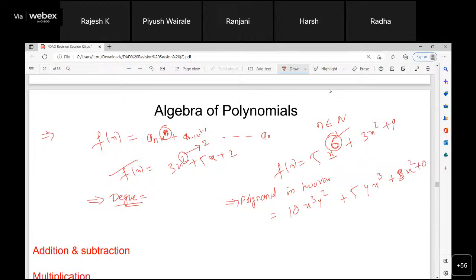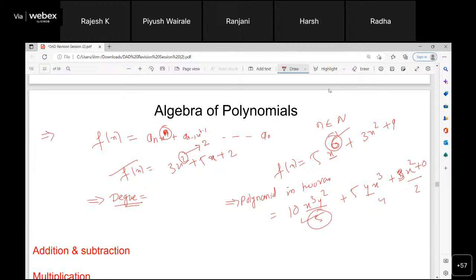Now tell me, what is the degree of this particular polynomial? You add the exponents of both the variables x and y for each term and then check the max. This is the highest exponent among all the terms, right? So here you can see 3 plus 2, that is 5. Here it is 4 and it is 2, right? So the degree of this particular polynomial is 5 only.